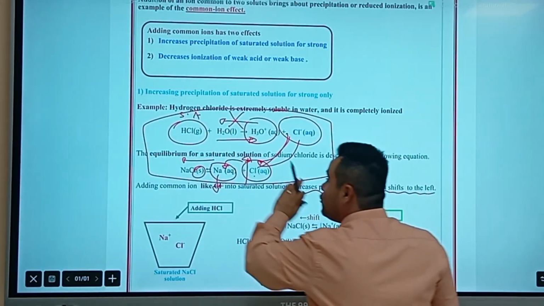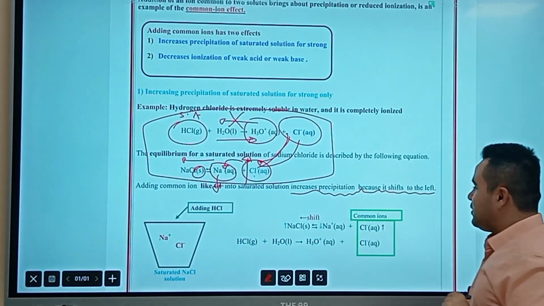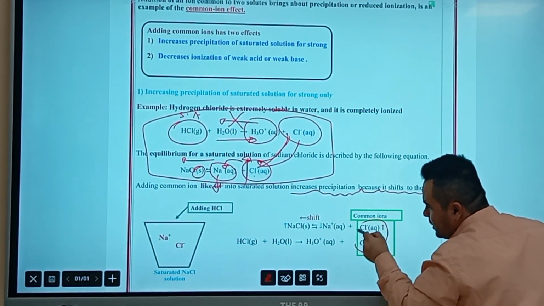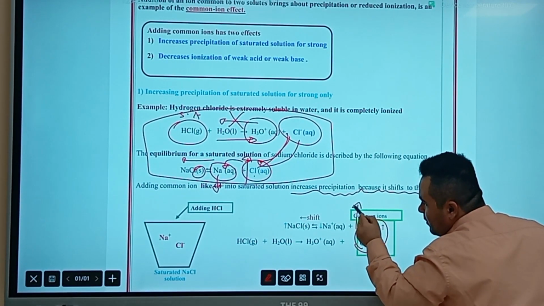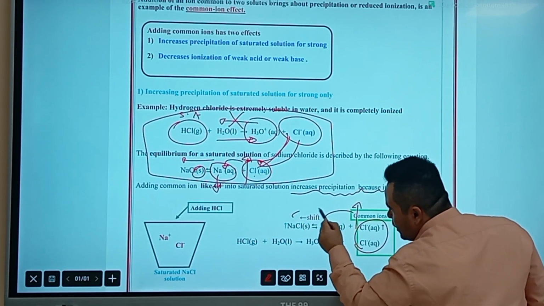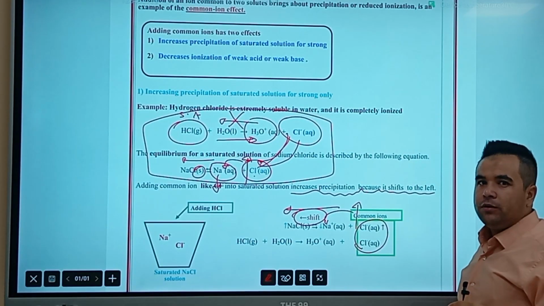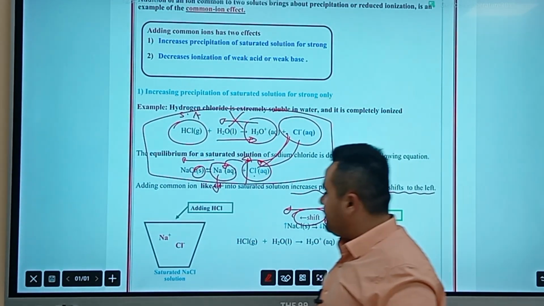It shifts to the left, guys. As you can see, adding this Cl increases the Cl and reacts with Na, shifts to the formation of the salt, and the salt in a saturated solution precipitates.